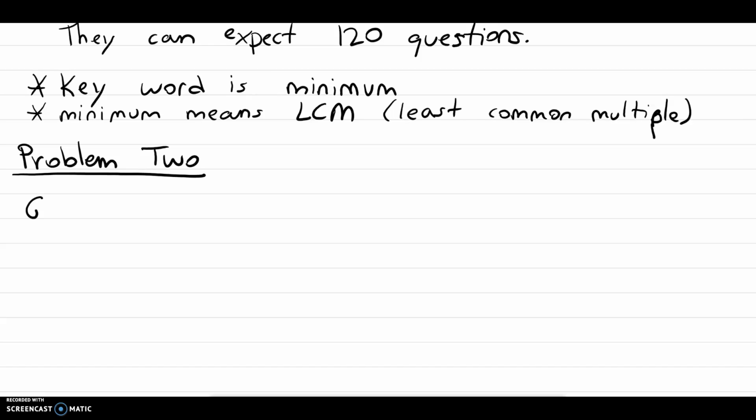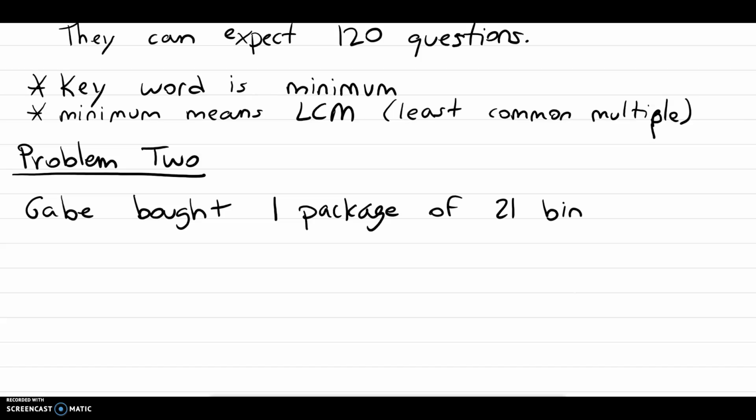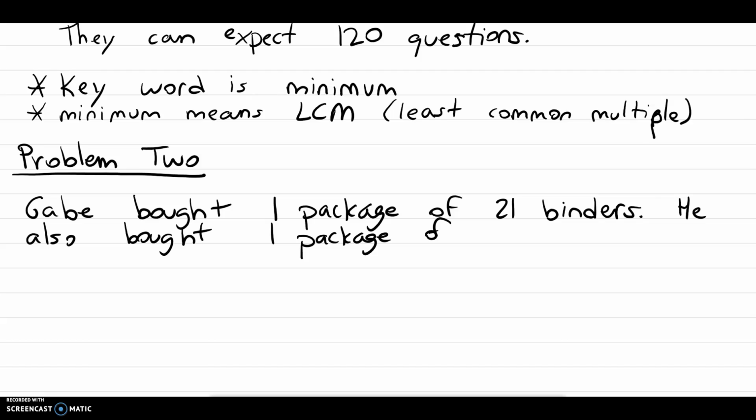So let's say Gabe bought one package of 21 binders. He also bought one package of 30 pencils.